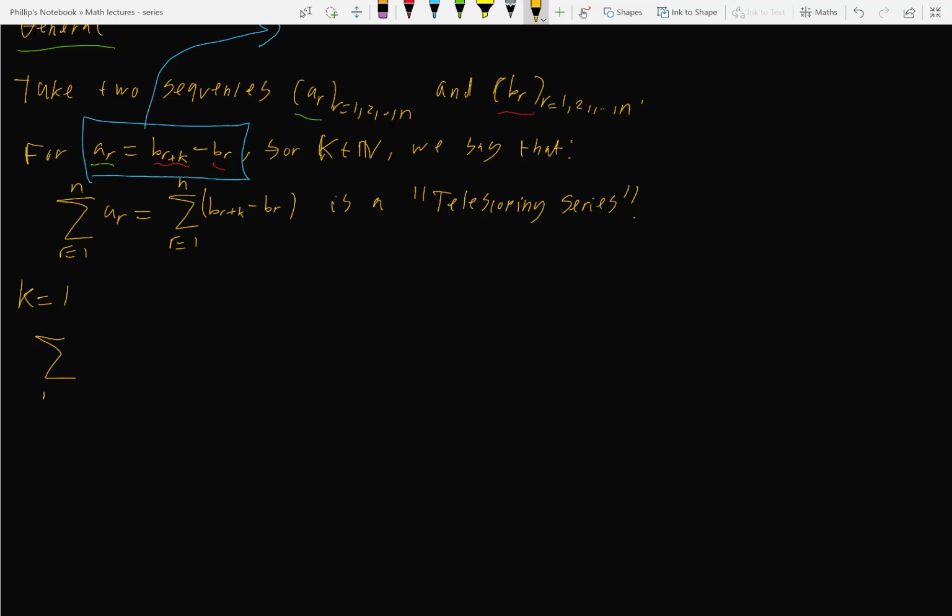Well, we have the sum from r equals 1 to n of B_(r+1) minus B_r. So what does this equal?